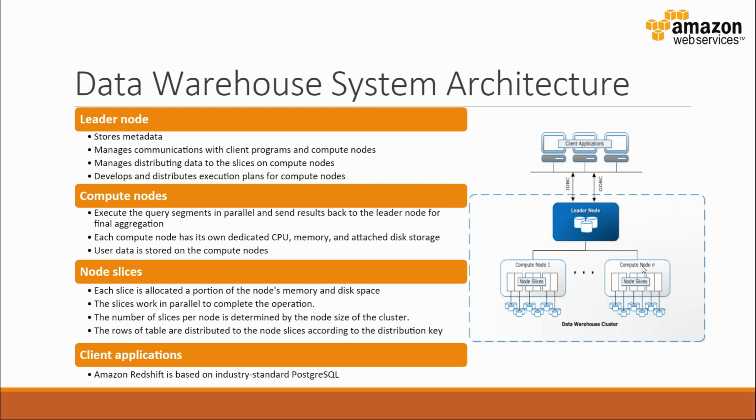So it manages communication with client programs and of course the compute nodes. And it distributes the data to slices on the compute nodes. Please note that when we say it is distributed to compute nodes, actually it is distributed to slices within the compute node. Each compute node will have slices.